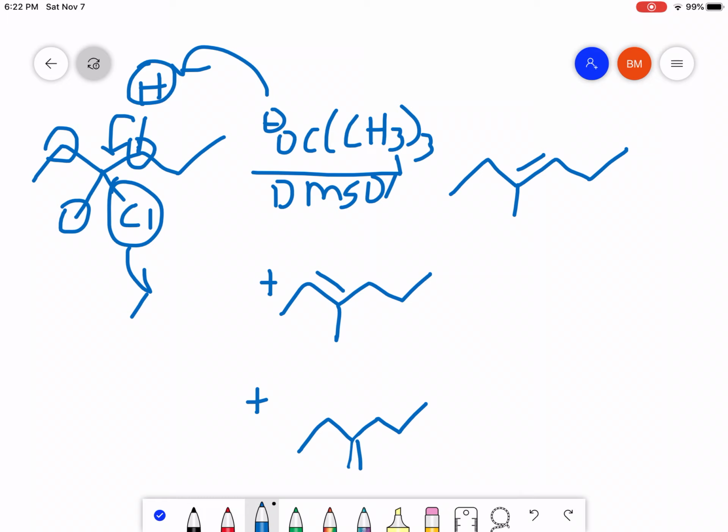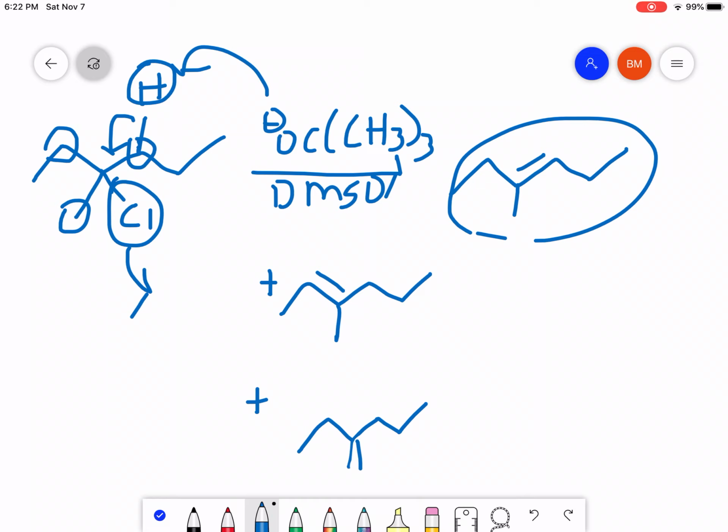If we take a look at this one over here, what do we have? Well, we have a tri-substituted alkene, right? The highest priority group on the left-hand carbon of the double bond is going to be your ethyl group. The highest priority group on the other carbon in the double bond is also an ethyl group.